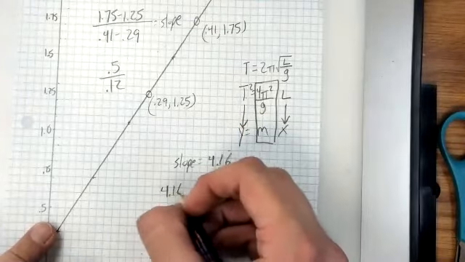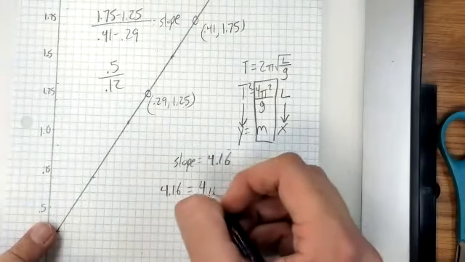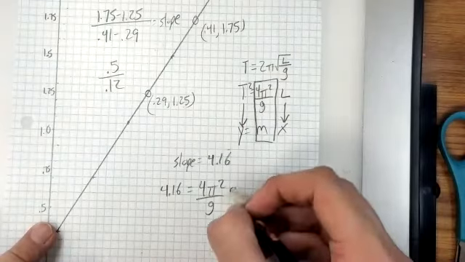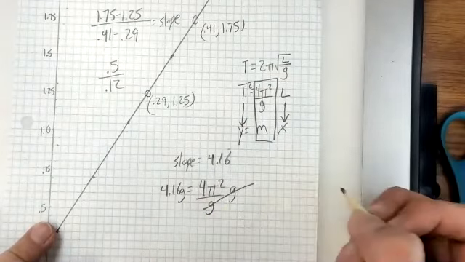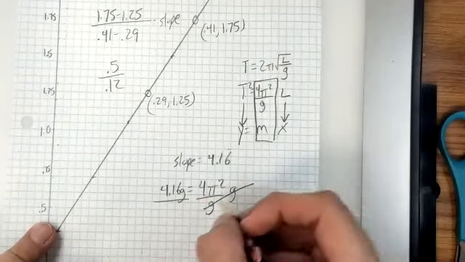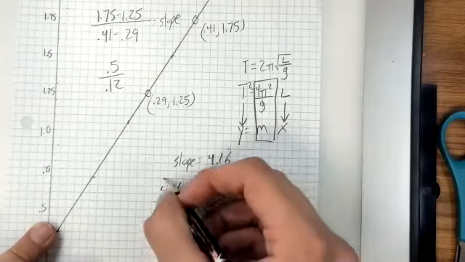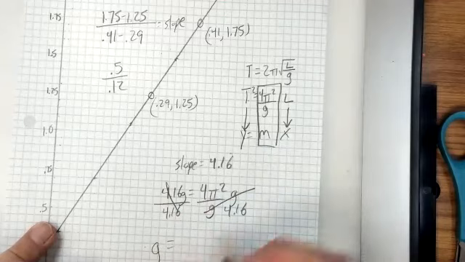So 4.16 equals 4 pi squared over g. Multiply both sides by g. Divide both sides by the slope. And I get g equals.